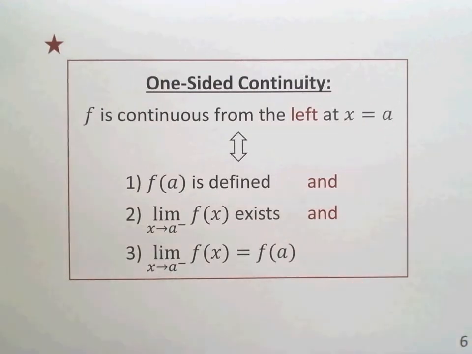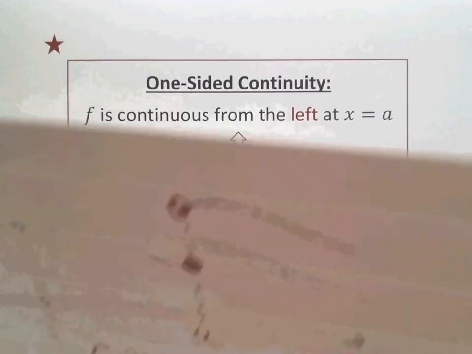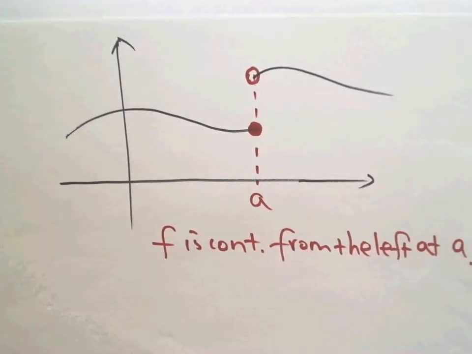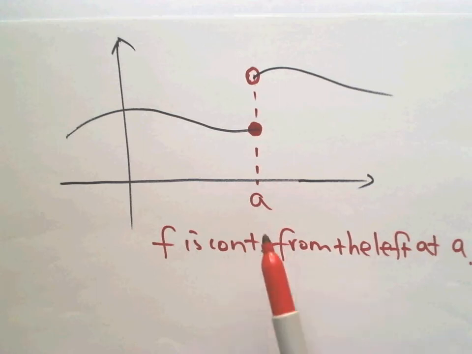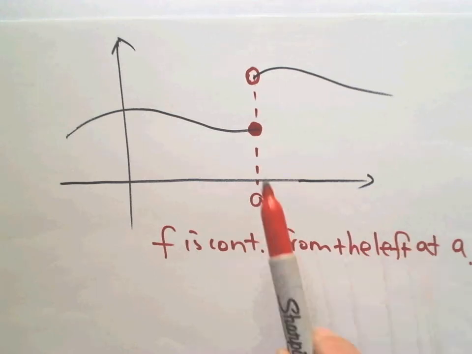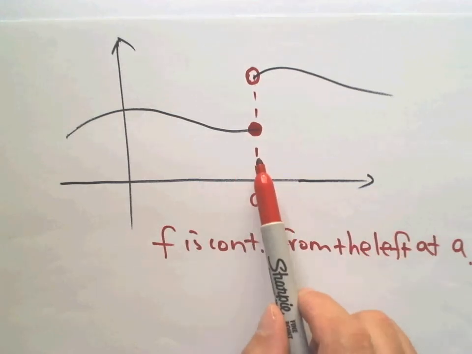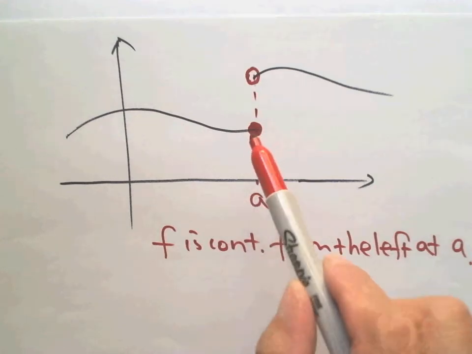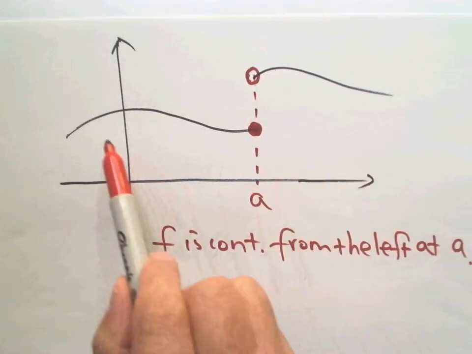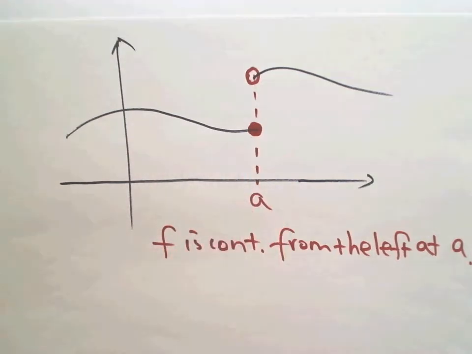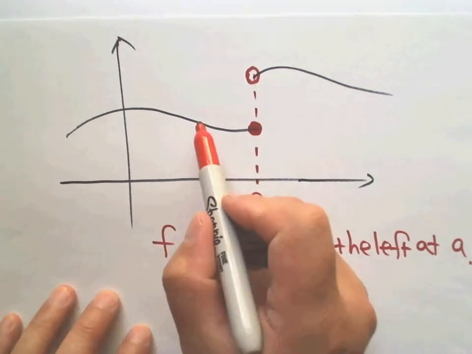Let me give you an example. What does it mean for f to be continuous from the left? Here it is. This function is continuous at x equals a from the left. But you know this function definitely has a jump, right? It's discontinuous at a, however, it's continuous from the left. Why? Do you remember?